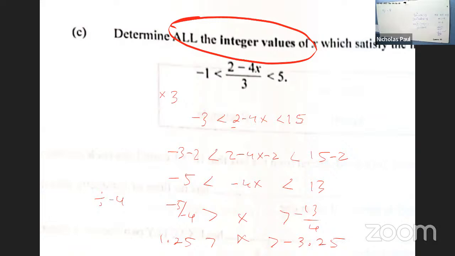So the answer be? No, all the integers. All right, think about it. Let's start here. All the integers more than minus 3.25 are what? Will be minus 3, minus 2, minus 1, 0, and then you have to stop before 1.25. So that'll be just 1. So it will be those 5 numbers.